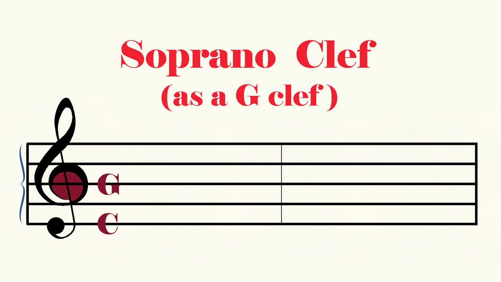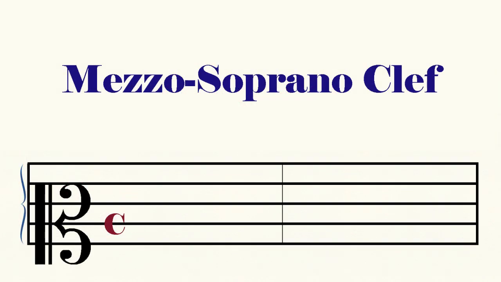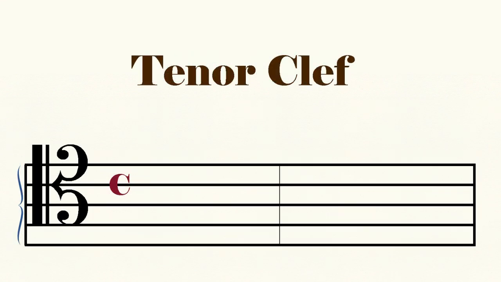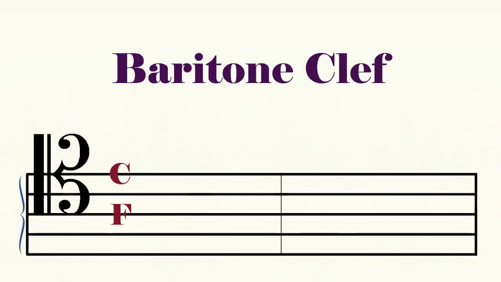Once again, I am showing you something that does not exist, but if you were writing by hand, it would look just fine. We could do the same thing for the mezzo-soprano clef, the alto clef, and the tenor clef. But I'm not going to show you these possibilities because it would make this video too complicated.